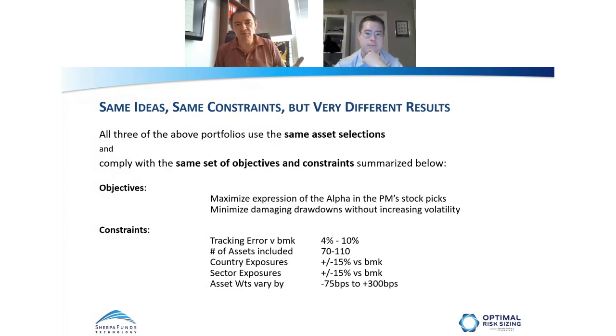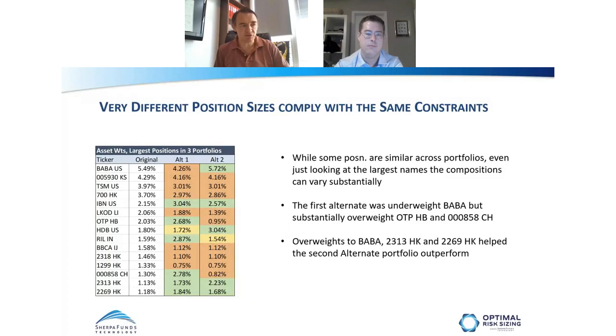Then around the fund we have certain objectives and constraints around what you're allowed to do: how much benchmark tracking error you should introduce, how many stocks, and at the very simplest level, what your constraints are on variability in sector or country, or even a single asset relative to its benchmark weight. So if you take these constraints and your 90 selected stocks, you can end up with very different portfolios.